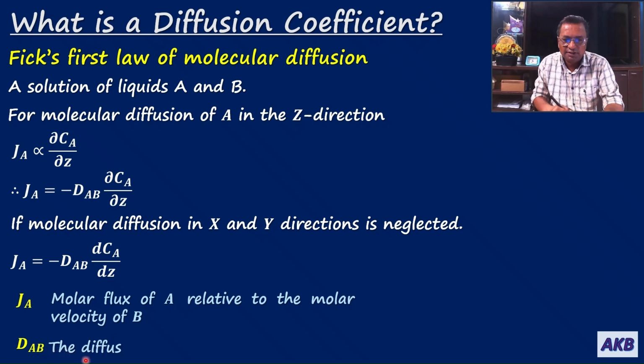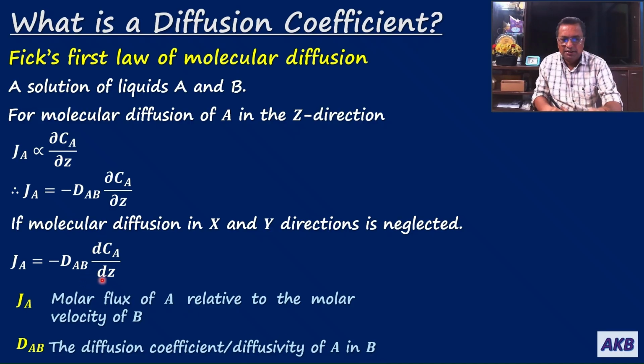Then DAB in this equation is a proportionality constant, and this constant is called the diffusion coefficient or diffusivity of A in B. The negative sign in this equation indicates that A diffuses from a place of high concentration to a place of low concentration.